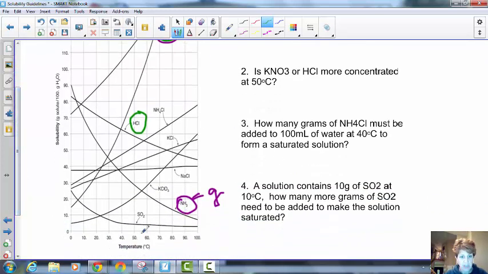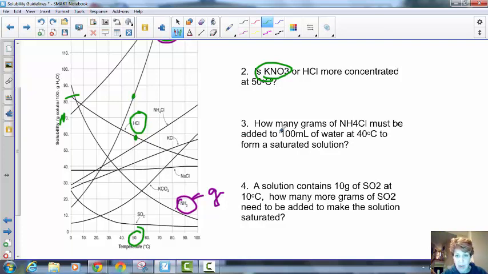So here's 50 degrees right here, and if I follow this line up, here's where KNO3 crosses, and here's where HCl crosses. So KNO3 is definitely more concentrated because it has a larger number of grams per 100 milliliters of water. So you can think of concentrated as like if you're going to drink a cup of Kool-Aid, if there's more sugar in it, then it's more concentrated. If there's less sugar in it, it's less concentrated.